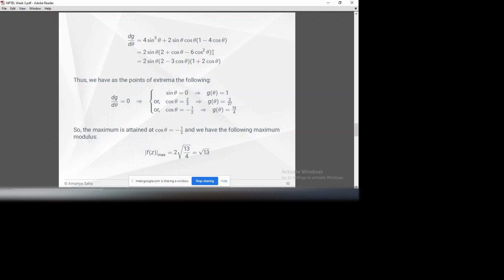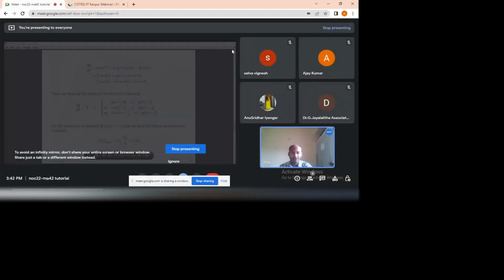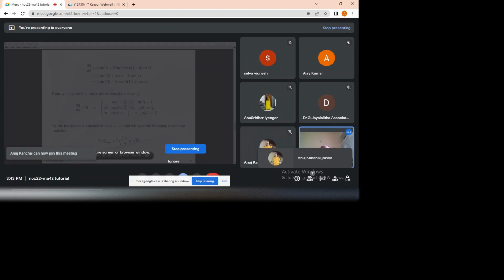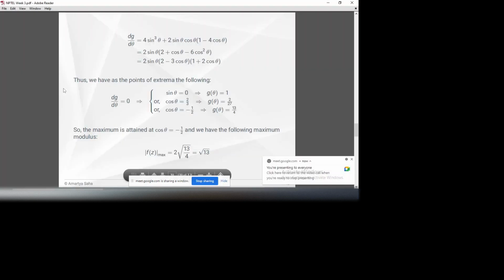Again you will have to use sin squared θ equal to 1 minus cos squared θ. If we use that, you will get this second line, and then I have further factorized it. So I have represented this first derivative in its factorized form.